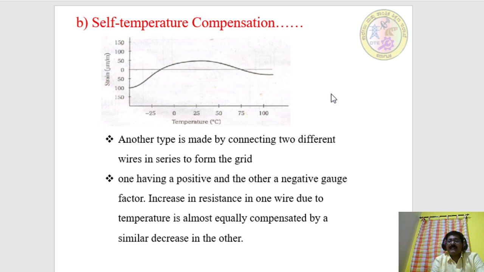Another type is made by connecting two different wires in series to form the grid, one having a positive and the other a negative gauge factor, so that the increase in resistance in one wire due to temperature is almost equally compensated by a similar decrease in the other. That's why it is called self temperature compensation.